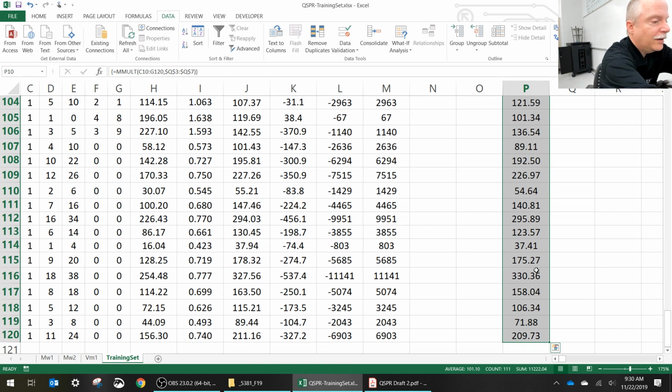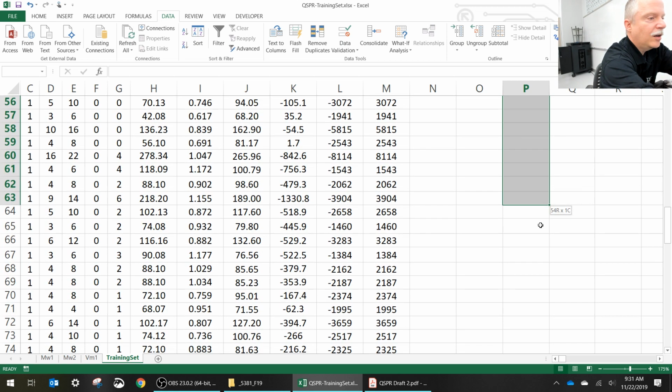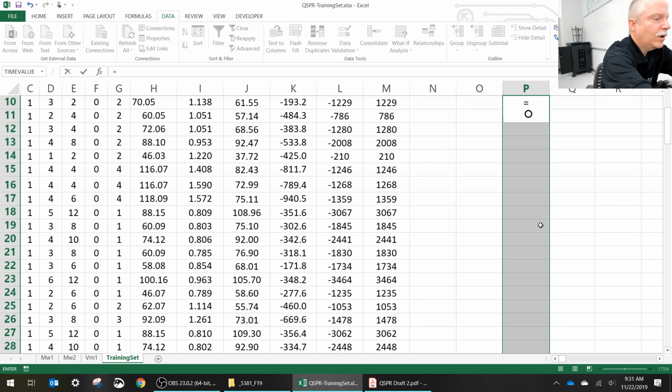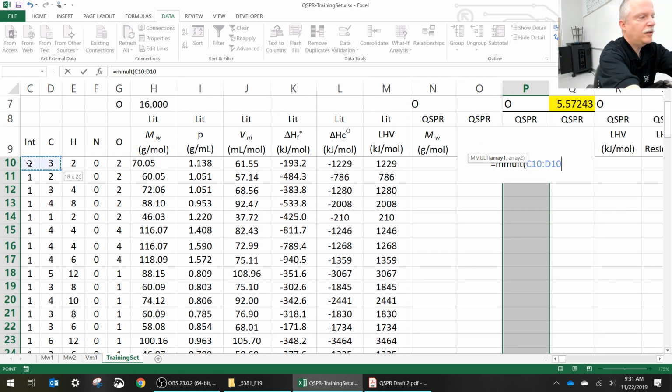Okay, I'm going to delete everything. So here let's do it in a more normal way. It's using Shift and Page Down. I use Shift, Page Down, and a couple of the down arrows. And I hit equals MMULT. And then I go over and get my structure matrix.